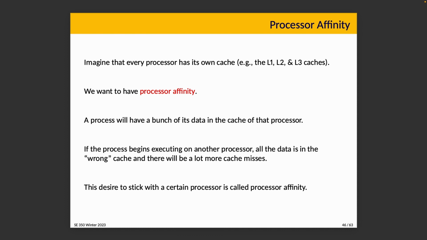And if we move it to another processor, all the data is in the wrong cache, and there will be more cache misses than if it stayed executing on the same CPU. This is referred to as CPU affinity, the desire to stick with a given processor. This is where my stuff is. I would rather be here.